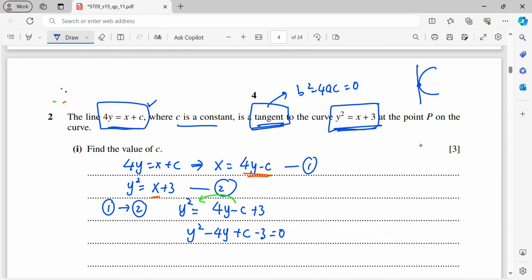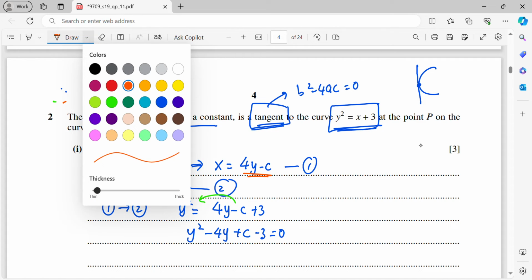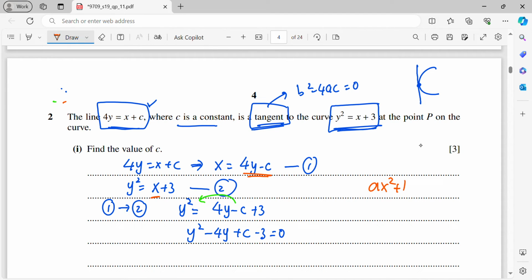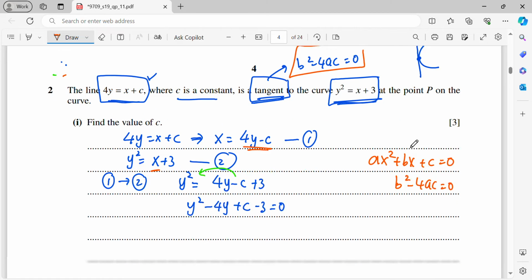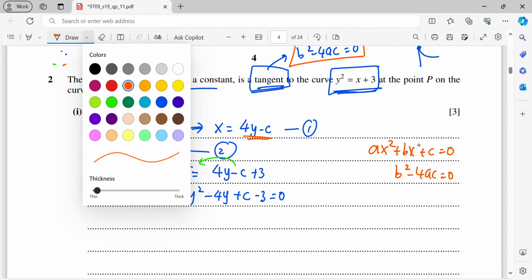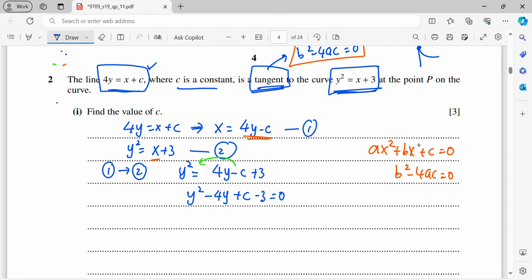Now I will compare with the quadratic equation, which is ax squared plus bx plus c equals 0, before I apply the discriminant equals 0. Therefore now I need to write down my a, b, c first, all the coefficients. Now I'm getting the equation in terms of y. So that means my a is 1 because it's 1y squared.